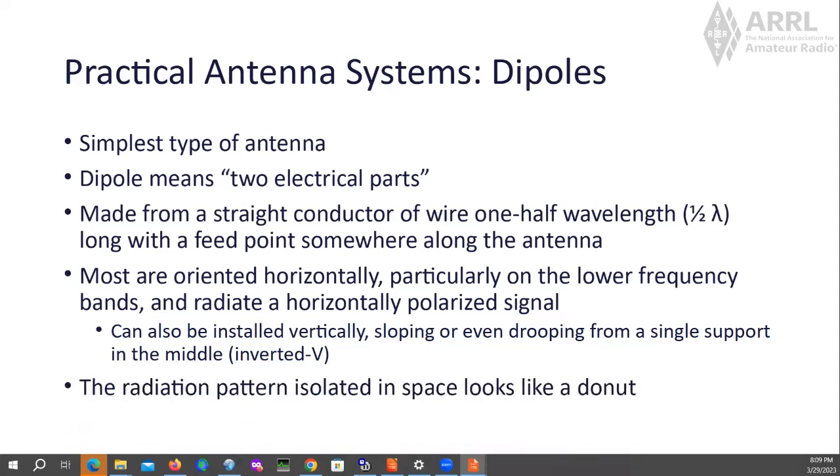The radiation pattern isolated in space looks like a donut. If you look at it from the side, as we were looking at that other antenna display a while ago, it looks just round.